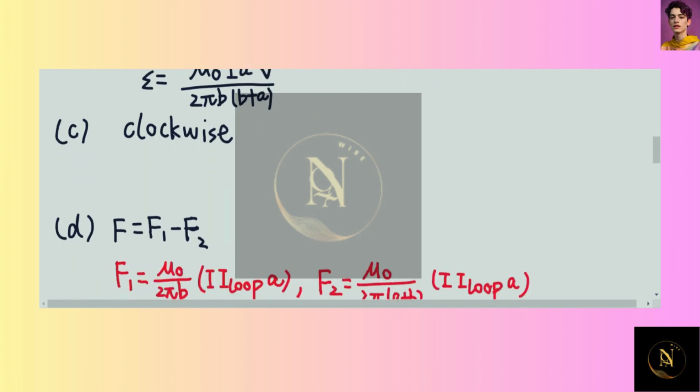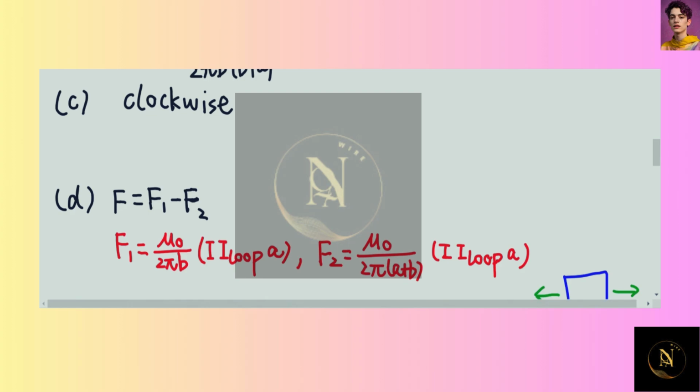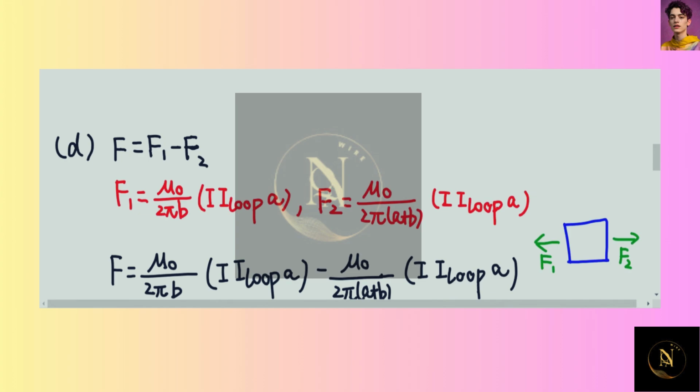And for question D, we know the force can be equal to F1 minus F2. F1 is the force directed toward the left, and F2 is the force pointing toward the right.